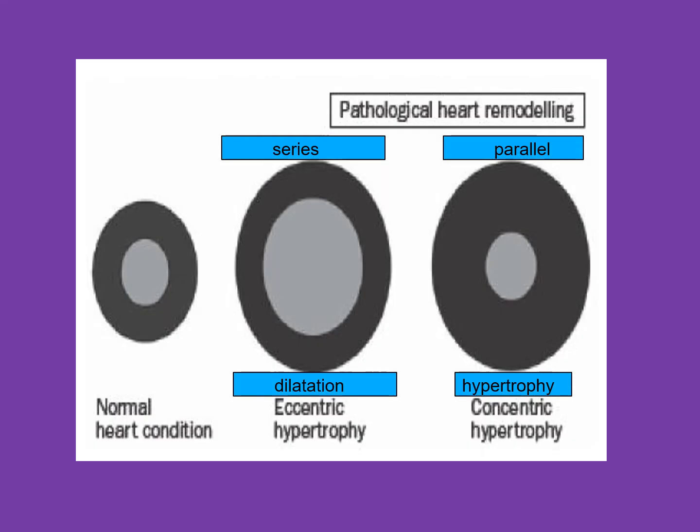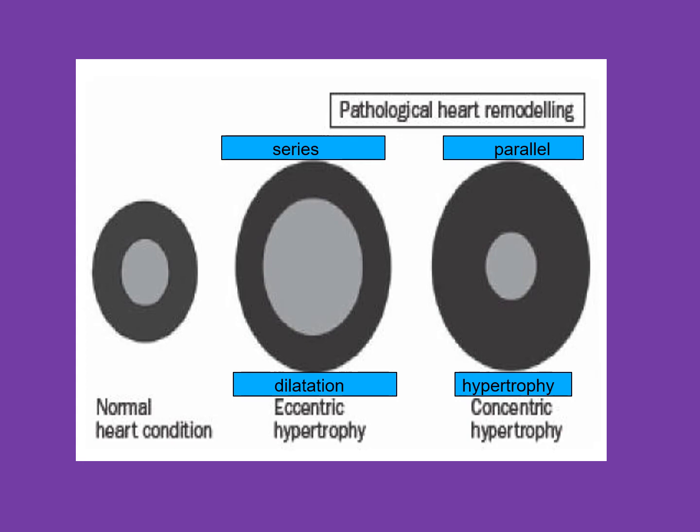Now, in pathological heart remodeling, we can see here the heart in its normal condition on the left side. But during pathological heart remodeling, there are changes which can be a dilatation or hypertrophy. In general, the heart would start first as hypertrophic and at a later stage will become dilated. The dilatation stage is also called eccentric hypertrophy, where the myocardial cells are added in series, or in sequence, while initially, during the hypertrophic phase, the myocardial cells are added in parallel, causing the hypertrophic changes.